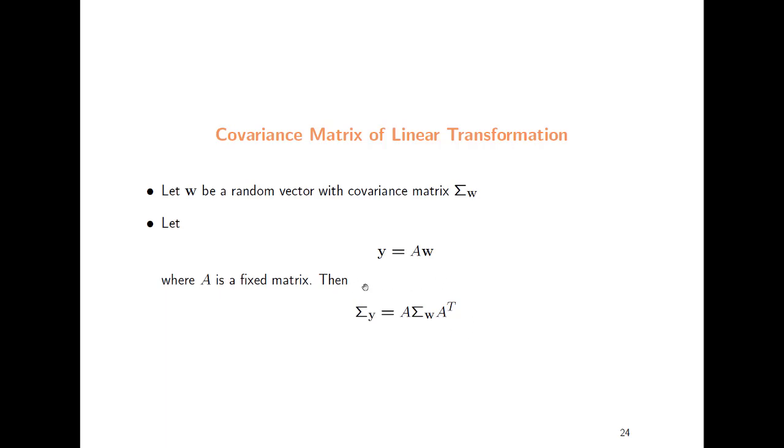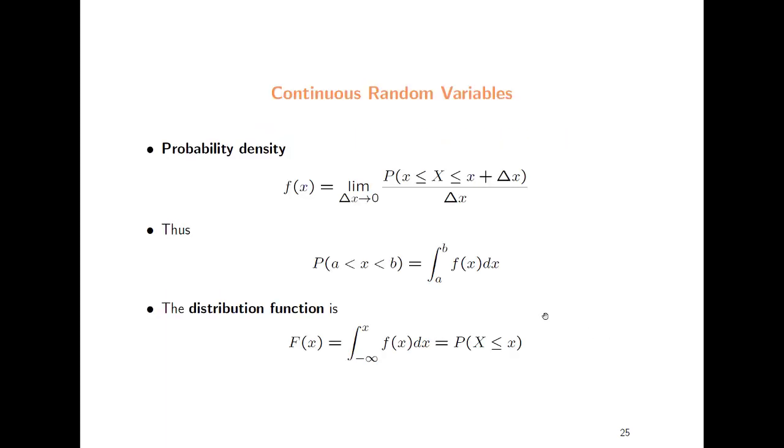So the covariance of Y is the covariance of W, multiplied by A on the left side and by A transposed on the right side. This is how the covariance of W is transported into the covariance of Y by this formula.